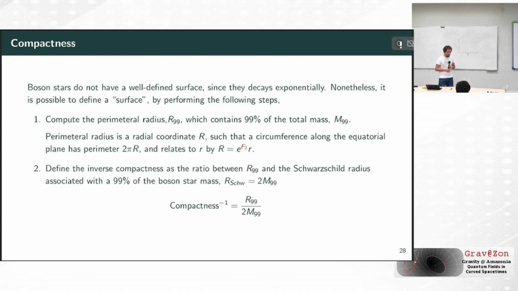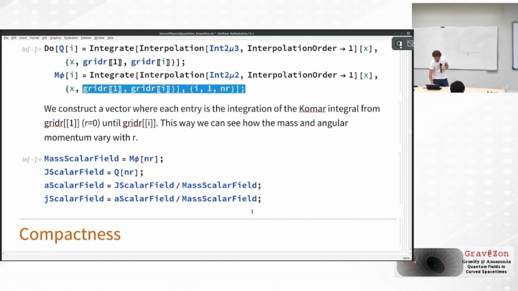As soon as you have the radius that contains 90% of the mass of the Boson star, you can compare it with the Schwarzschild radius, basically. So in this case, since we are using the 90% of the total mass, it makes sense to use 2M corresponding to the 90% mass of the Boson star. Obviously, you can then do that in Mathematica.